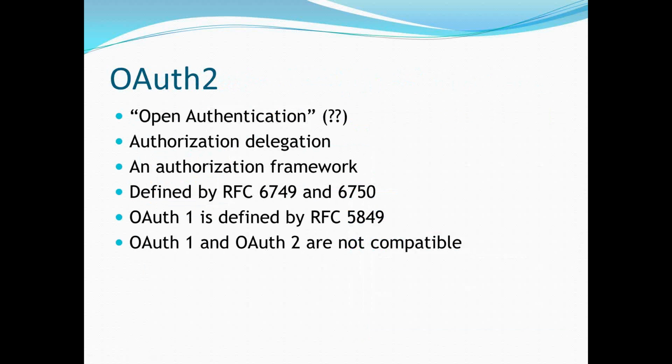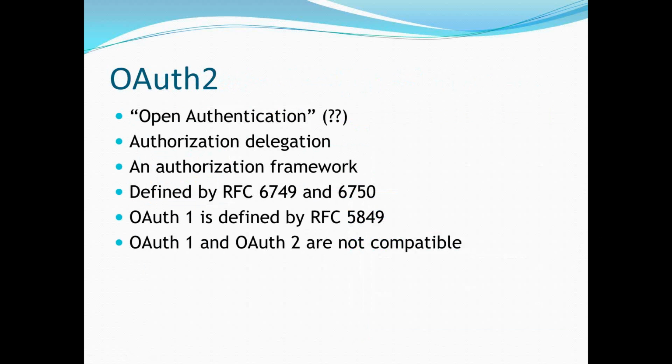So here we have some more. It's a framework, and it's mainly for authorization delegation. OAuth2 is defined by two RFCs, 6749 and 6750. The main spec is 6749, and 6750 is how to use the token. It further elaborates on how this can be used.